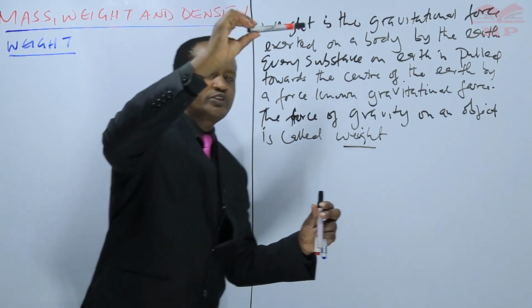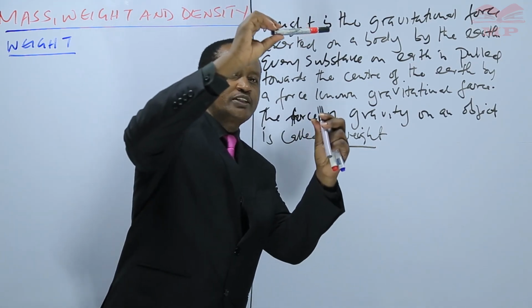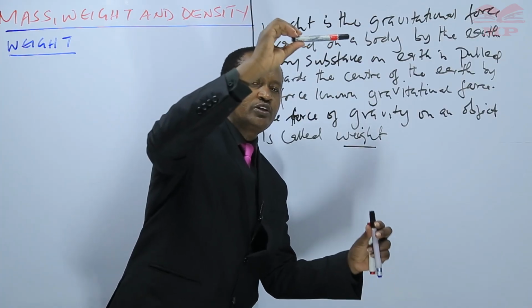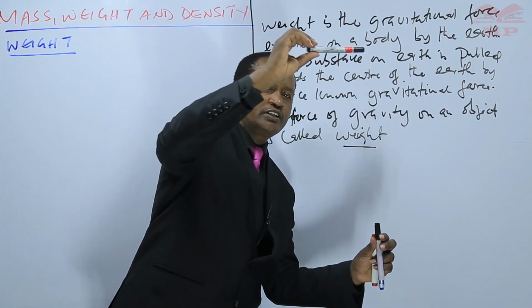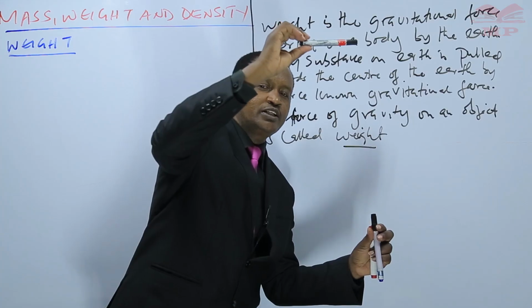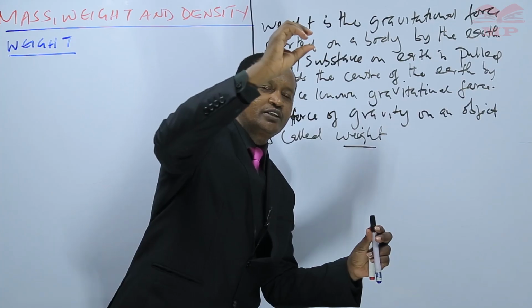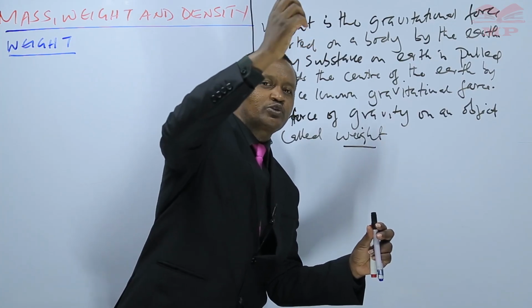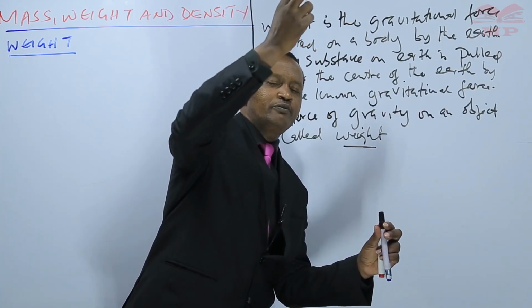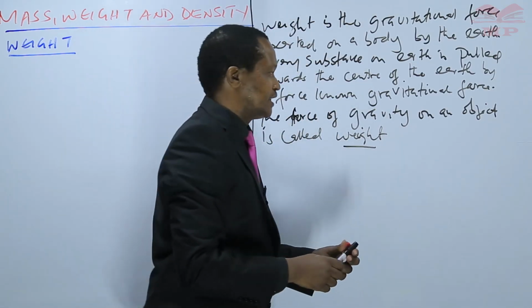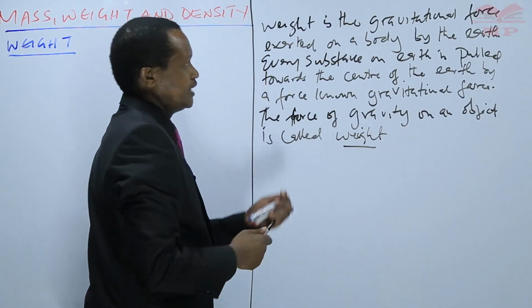The force that brings this pen towards the center of the earth is what we are calling the force of gravity. So learners, let me now surrender the pen to the force of gravity. The pen has been surrendered to the force of gravity, and because of that force, that pull, the pen has been pulled towards the center of the earth.